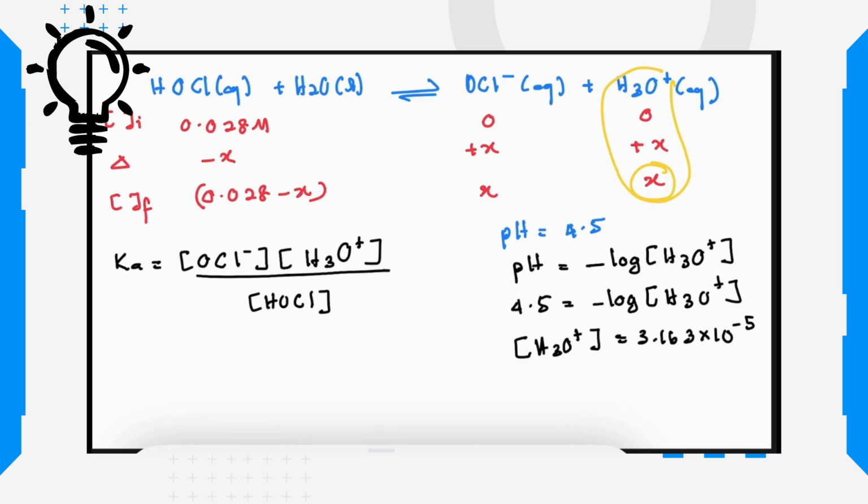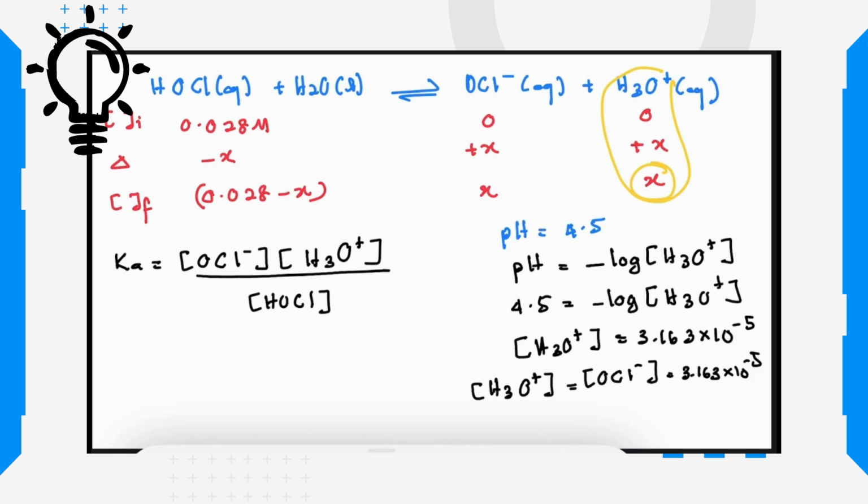Since the concentration of H3O plus is equal to the concentration of OCl minus, it is equal to 3.163 times 10 to the power of negative 5. So all the values are already there, but now how to calculate?